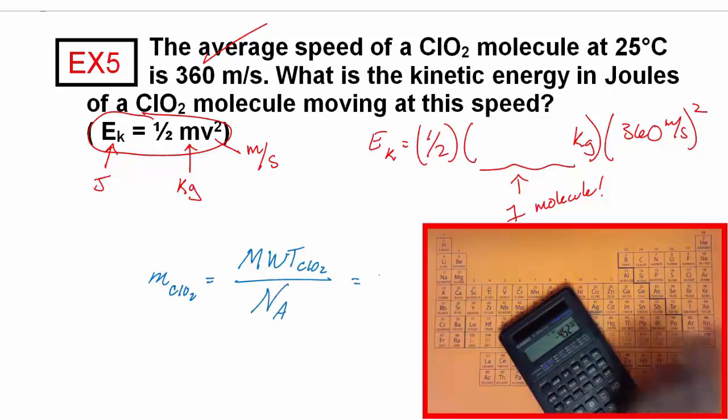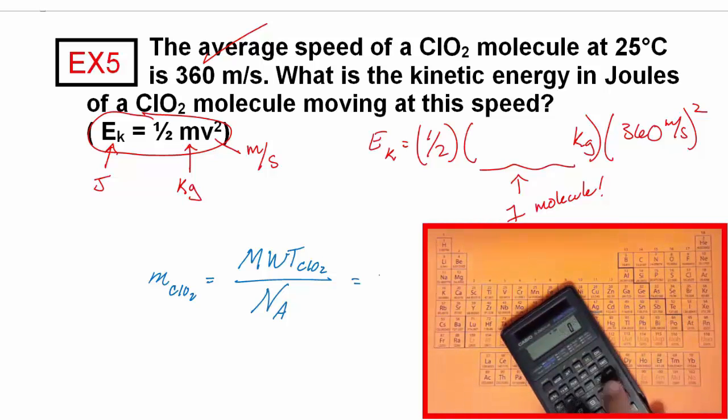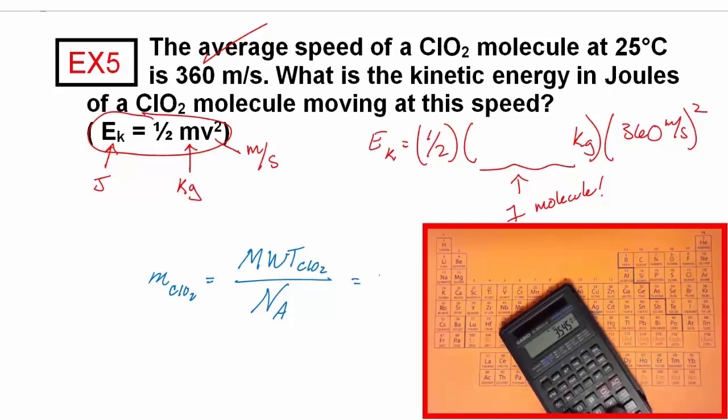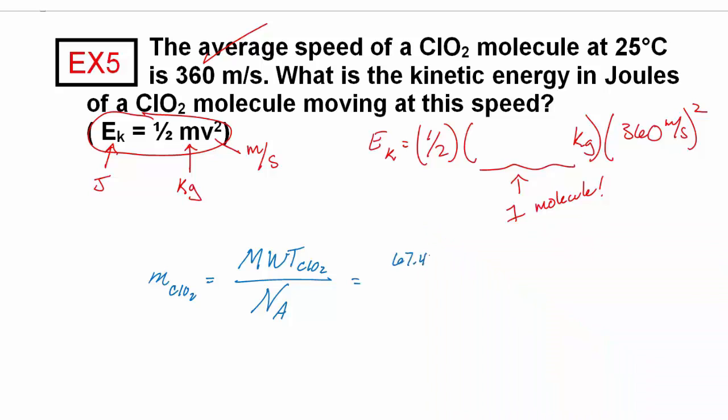So the molar mass of chlorine dioxide, 35.45 plus 32, about 67.45 grams per mole. Divide that by Avogadro, 6.022 times 10 to the 23rd per mole. So my per moles will cancel. I'll just get grams.